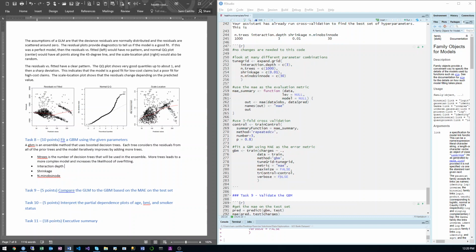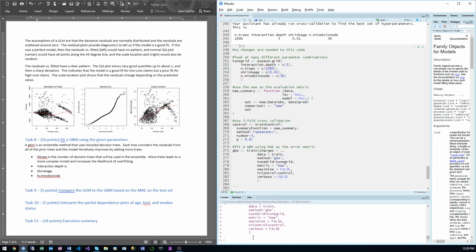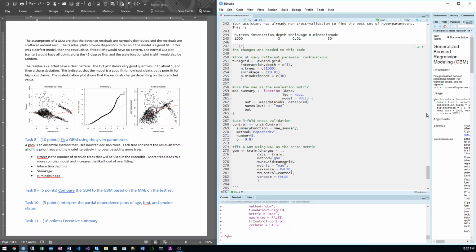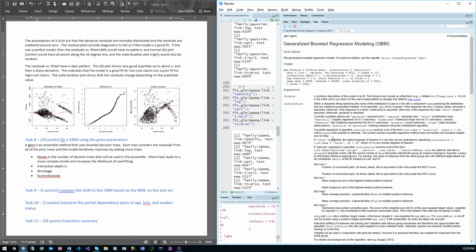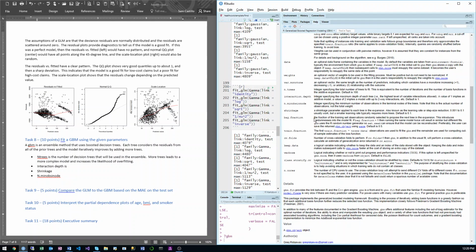Interaction depth is the, let's find out. Let's go to our documentation and type in $GBM. And then we'll go down to the parameters. Integer specifying the maximum depth of a tree.